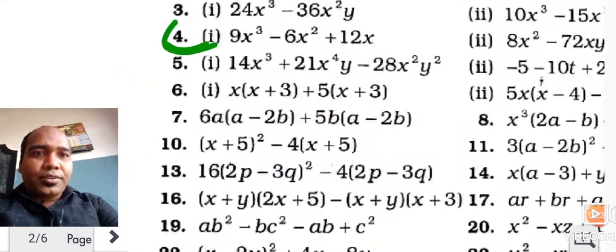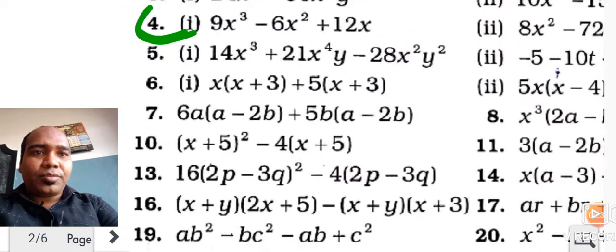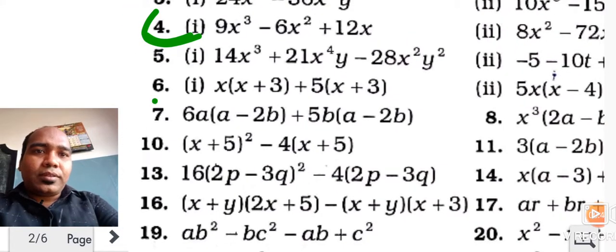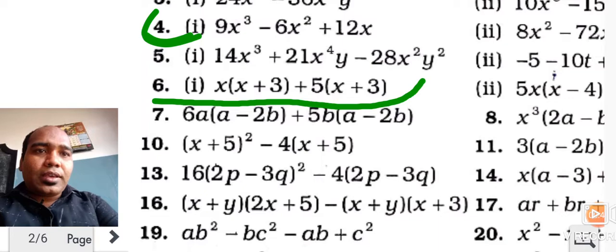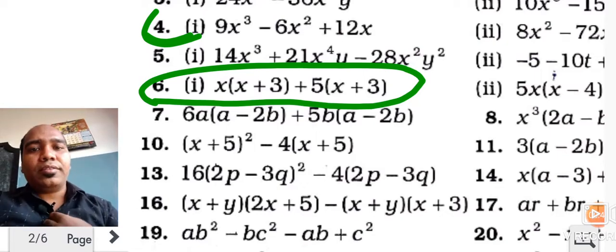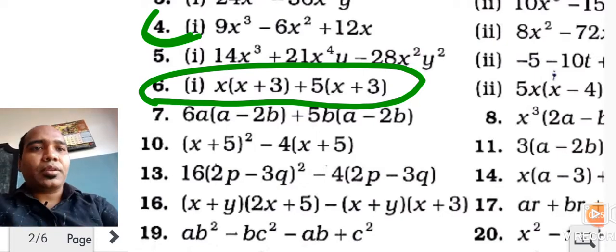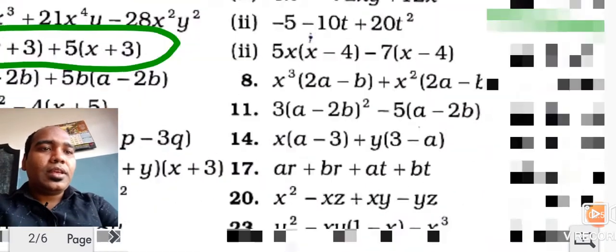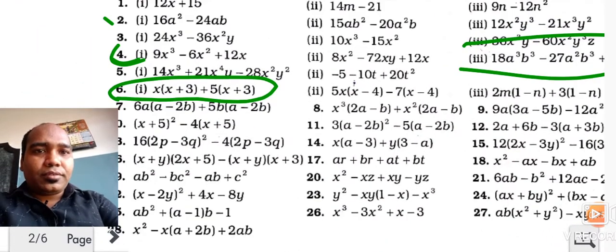Just pay attention here. Come to question number 6. This question: x into x plus 3 plus 5 into x plus 3. We have to factorize this one. We have to factorize this part.